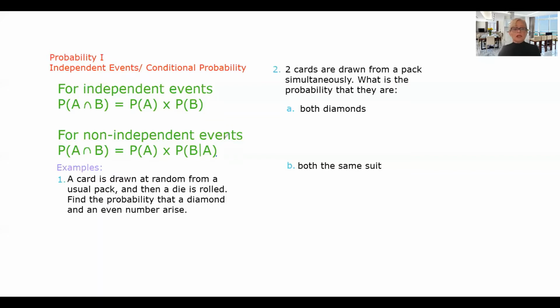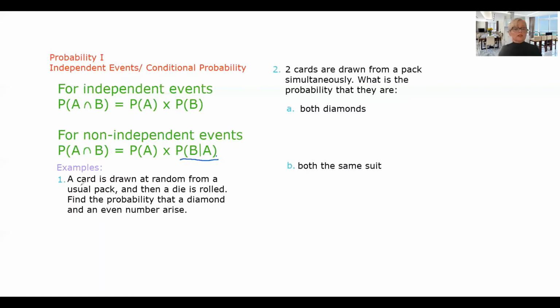If they're not independent, then what you have to do is multiply the first probability by the probability of the second one if you know what the first one has happened. We already did that in our previous video. We talked about, okay, well, the first one was red, so now given that information, what's the probability that the second one will be blue? That kind of thing. Let's do some examples. It's actually a lot easier than that makes it sound.